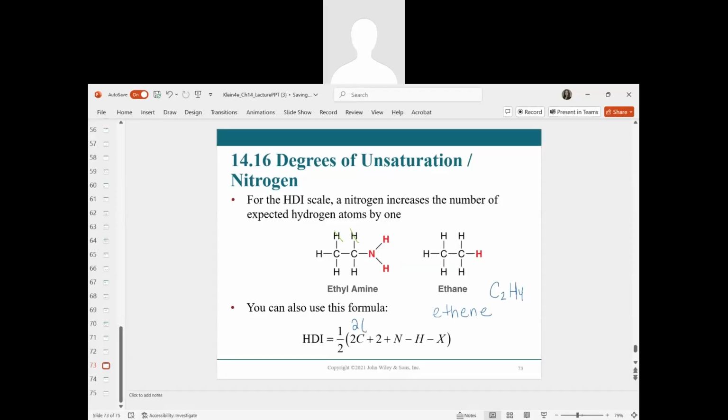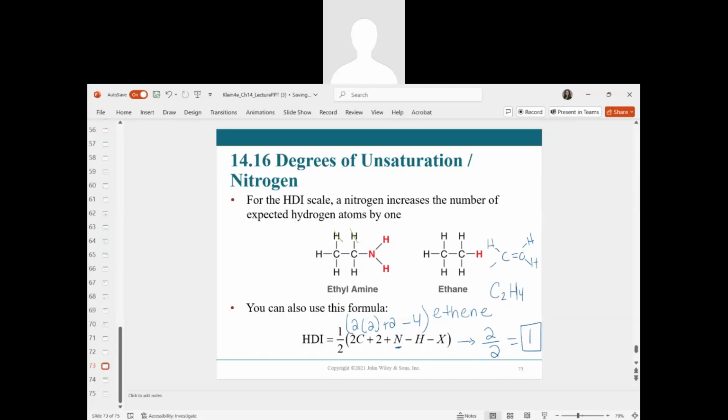We would have 2 times 2 plus 2, there are no nitrogens, and then subtract 4, and there are no halogens. So 4 plus 2 gives us 6, minus 4 gives us 2, and then 2 times 1/2 is the same as 2 divided by 2. So we end up with 1 degree of unsaturation, and if we know the structure of ethene like we do, we could draw it and confirm that there is 1 degree of unsaturation.